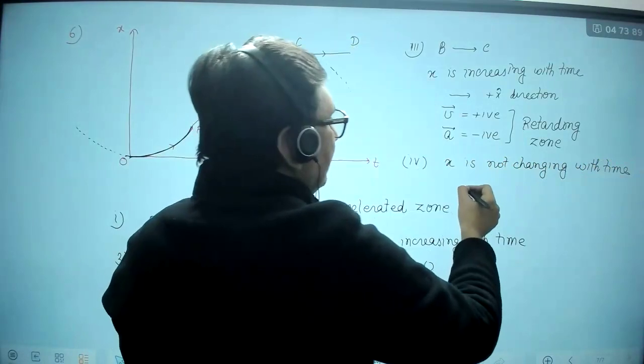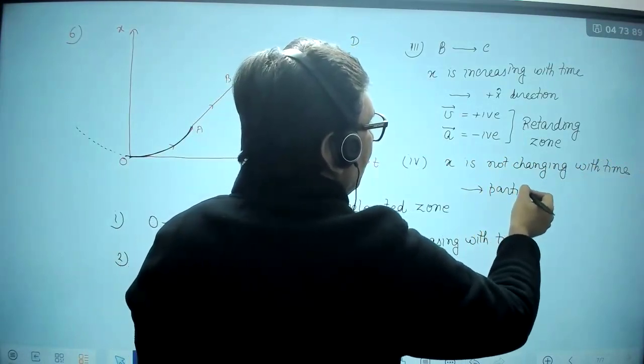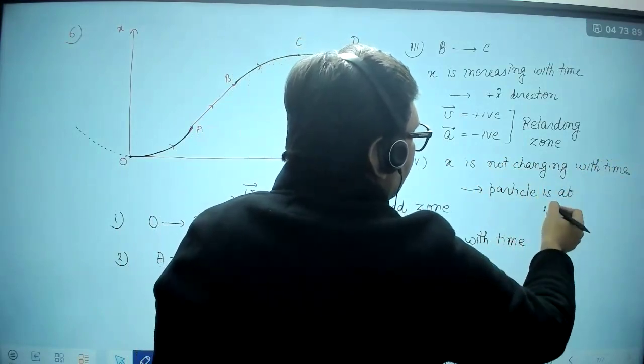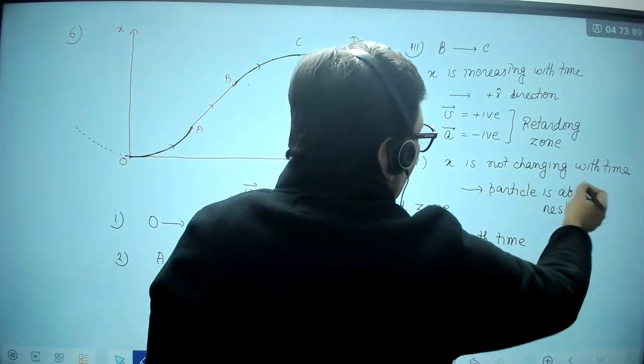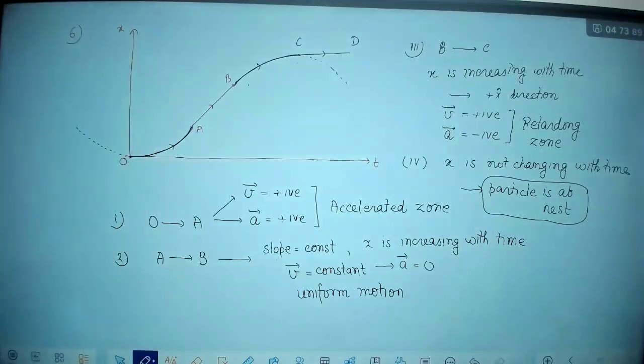It means the particle is at rest. So these are all the types of graphs I have discussed regarding XT graphs. All the XT graph possibilities I have discussed with you here.